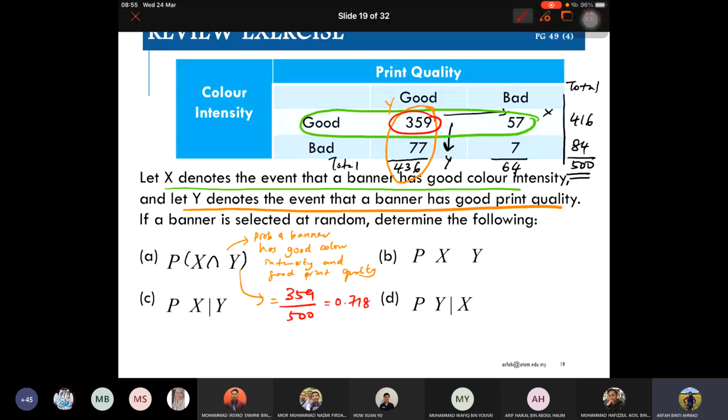So itu adalah dia punya kebarangkalian. Okay. Dapat nilai dia antara 0 sampai 1. Tak mungkin dapat lebih daripada 1.